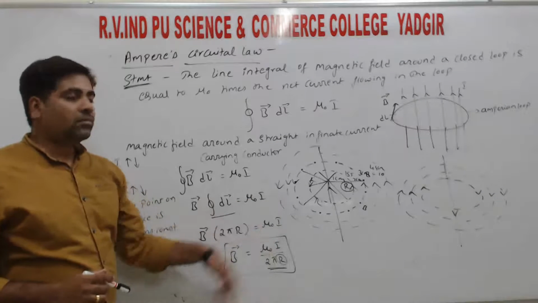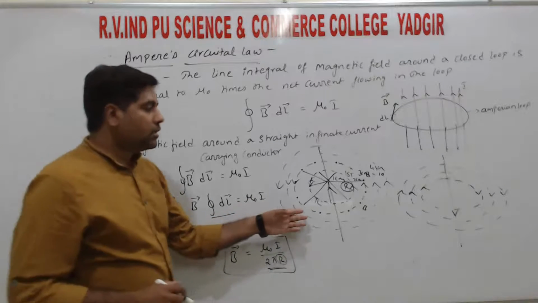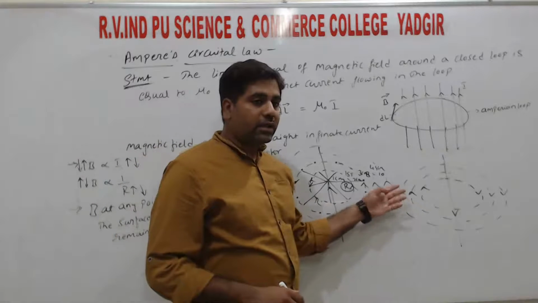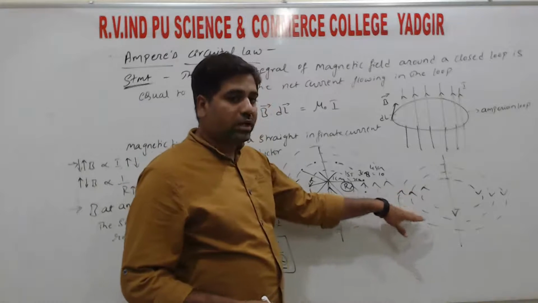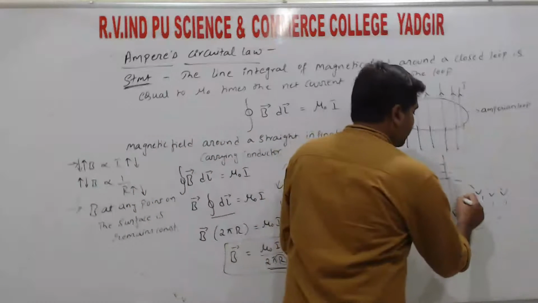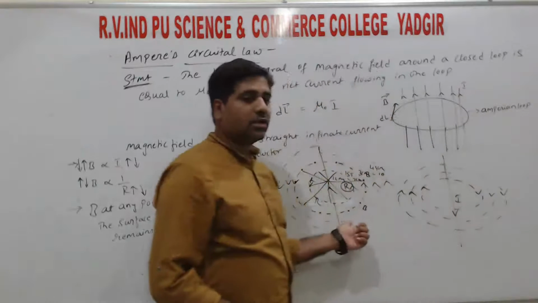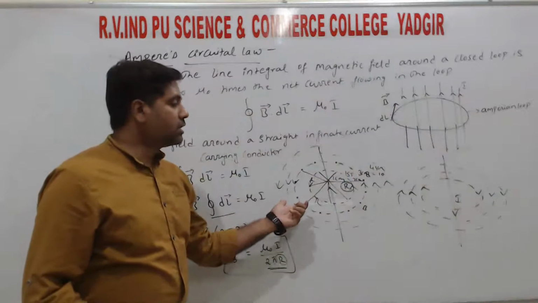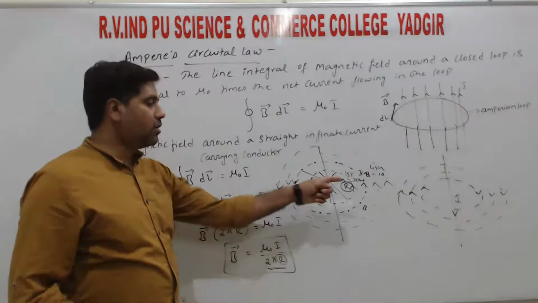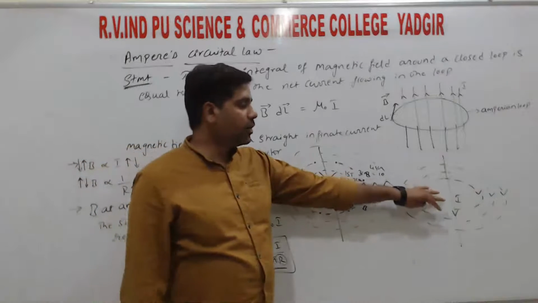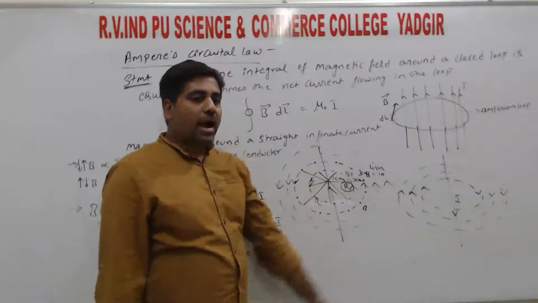So that is the third point. The direction of the magnetic field depends on the right hand thumb rule, that is, on the direction of the current which is flowing. In whichever direction the current flows, we get the magnetic field in that direction, either clockwise or anti clockwise.